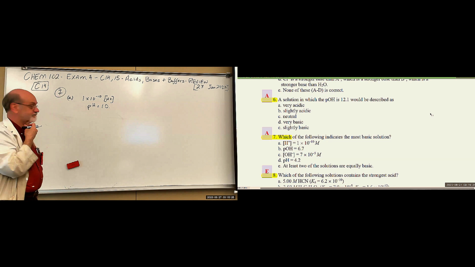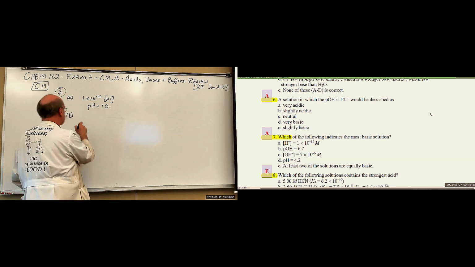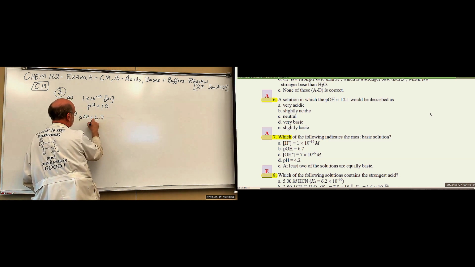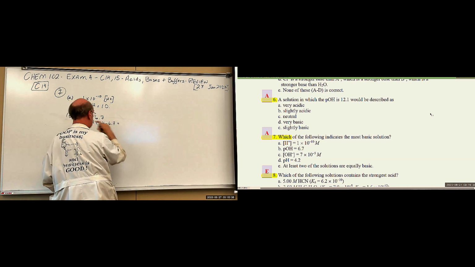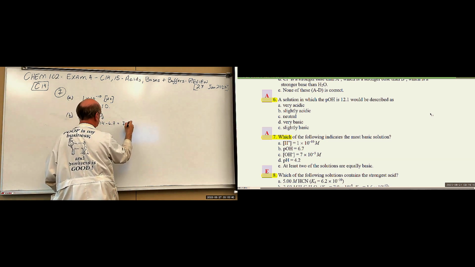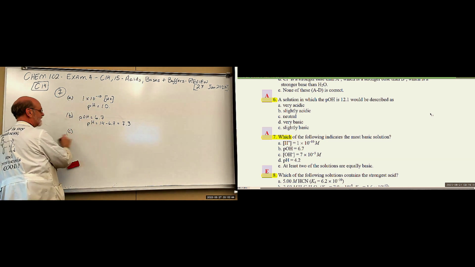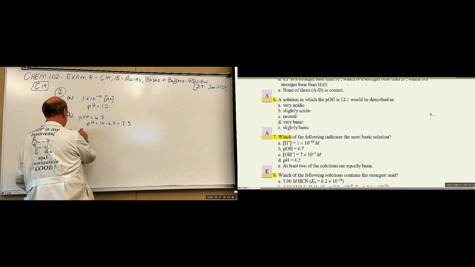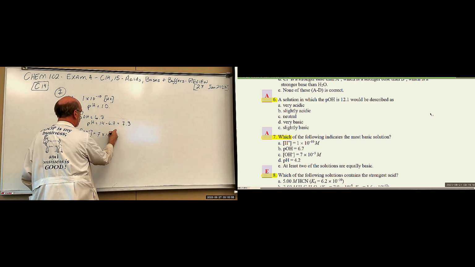Okay. How about B? pOH. If pOH equals 6.7, then pH equals 14 minus 6.7, which would be 7.3, right? Okay. And C is hydroxide. All right, so this is going to take a couple of steps. 7 times 10 to the minus 5.